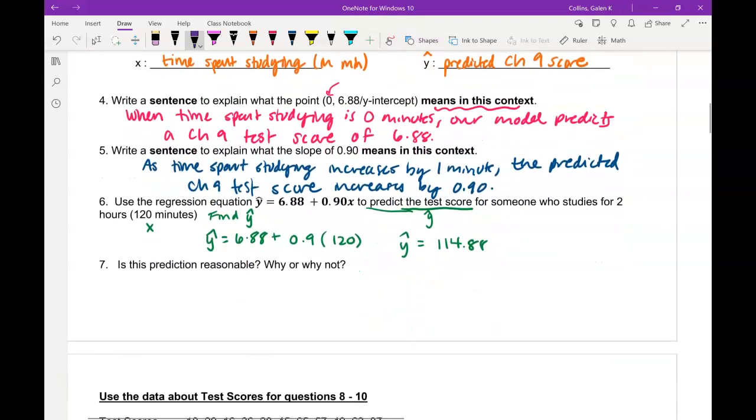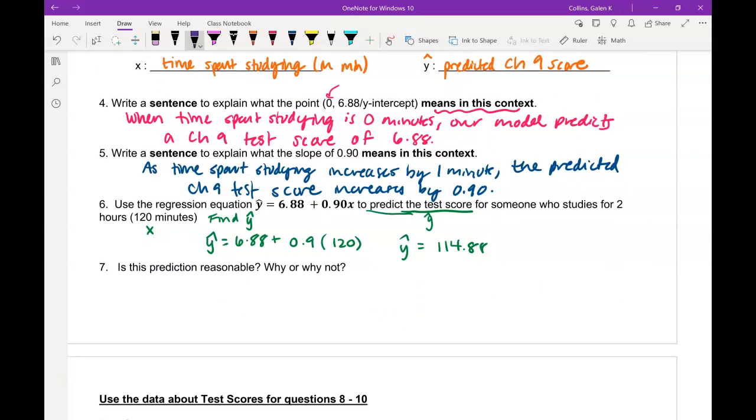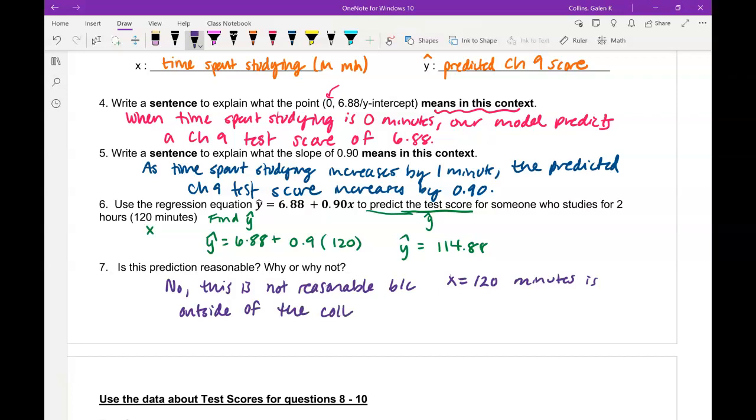So it's really for that second reason that I'm going to say, no, this is not reasonable, because x equals 120 minutes is outside of the collected data.